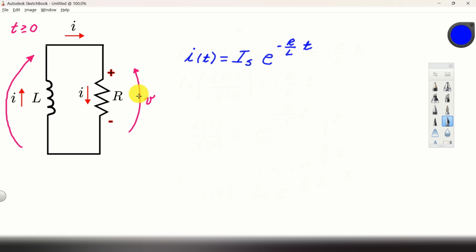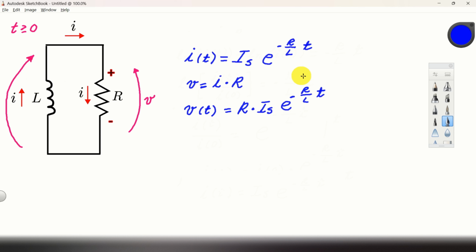We know that the voltage drop across the resistor is simply V is equal to the current through the resistor multiplying R. Consequently, we need to multiply this expression by R. And V of t becomes R multiplying Is e to the power minus R over L t.